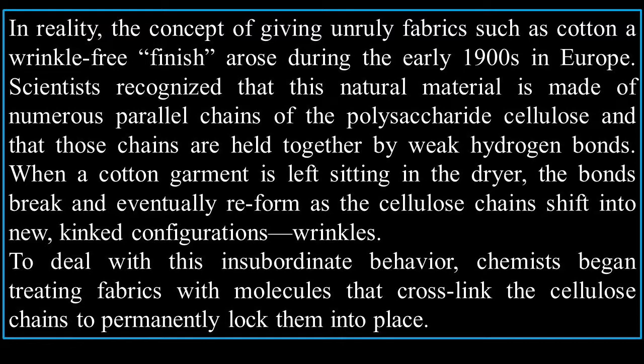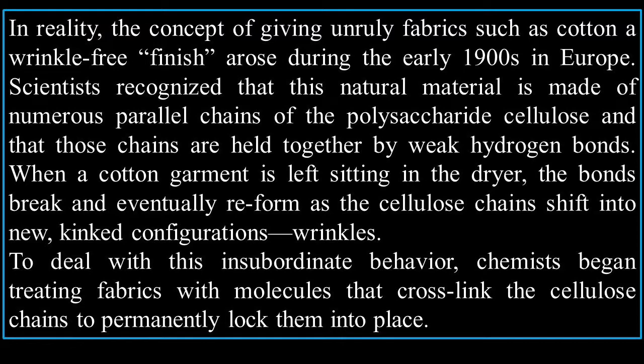Scientists recognized that this natural material is made of numerous parallel chains of polysaccharide cellulose, and that those chains are held together by weak hydrogen bonds. When a cotton garment is left sitting in the dryer, the bonds break and eventually reform as the cellulose chains shift into new kinked configurations called wrinkles.